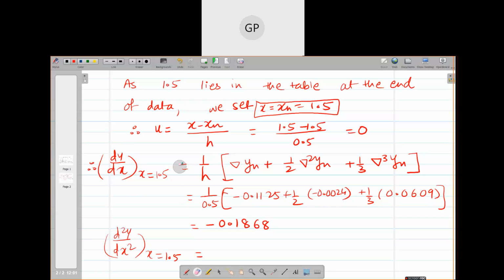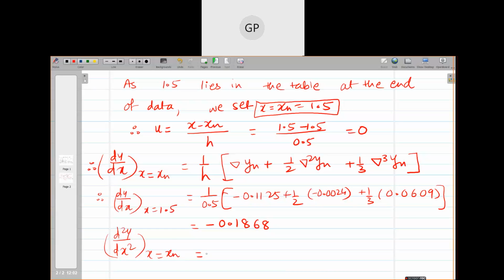I will just make a correction in writing. This is xn, and when you substitute values, here you can write x equal to 1.5. Now tell me the formula.